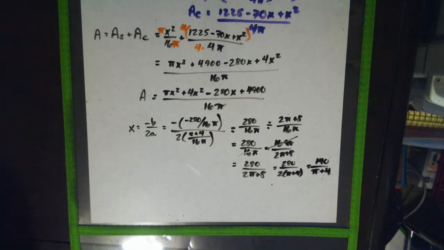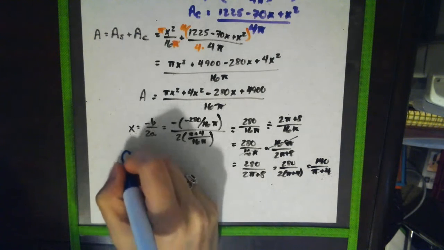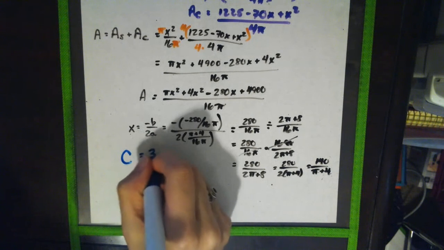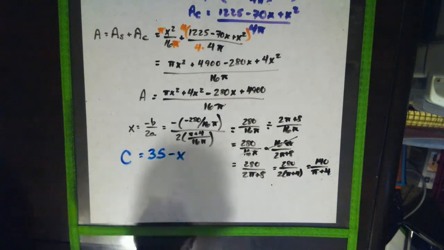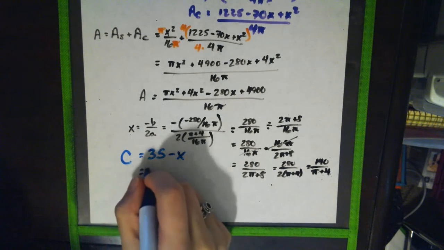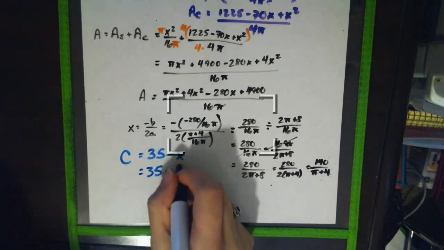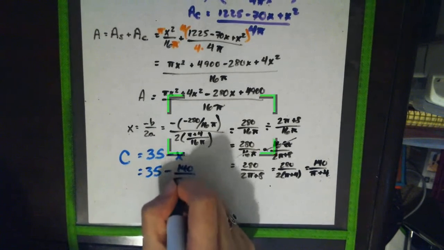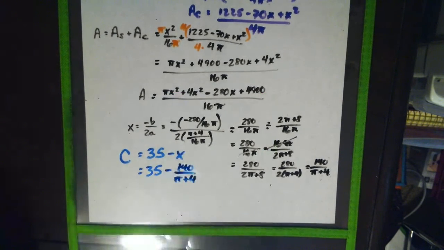You'll see why. So we know what x value minimizes the A value that we just found, but it's asking for the circumference. If we go all the way back to when we were talking about circumference, circumference is 35 minus x. So in this case, it'll be 35 minus 140 over pi plus 4.